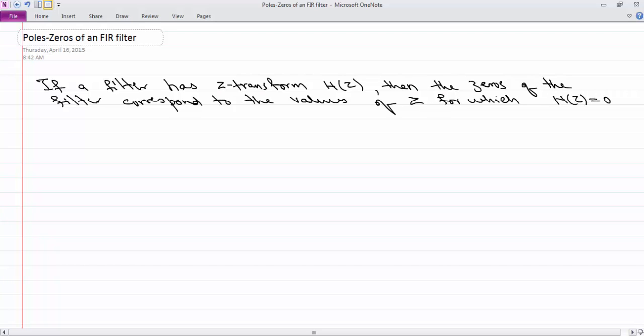So as the name implies, the zero of a filter is where the H of Z, the Z transform of the filter, takes the value 0.